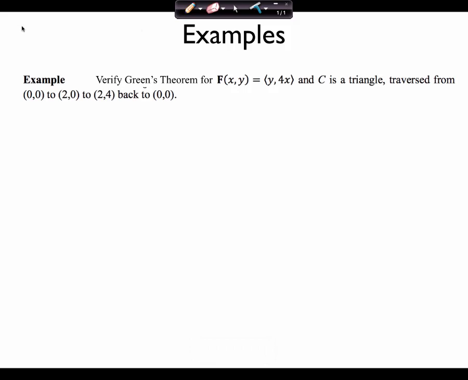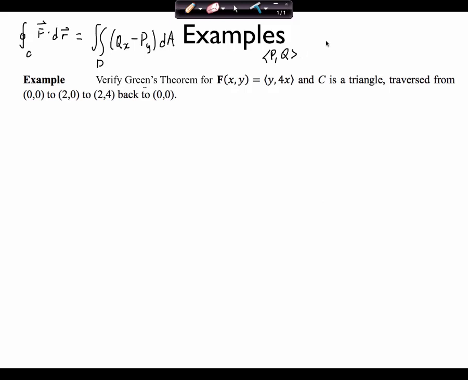We have the circulation integral around the outside is equal to the double integral over the interior of the partial of Q with respect to x minus the partial of P with respect to y, dA. Our vector field, this is our P, Q here, is y comma 4x. C is a triangle from 0, 0 to 2, 0 to 2, 4 and back to 0, 0.